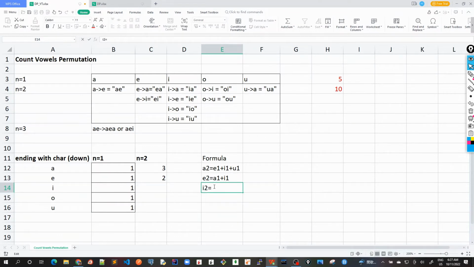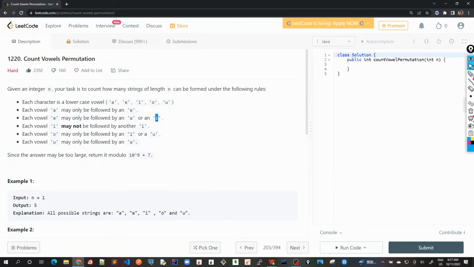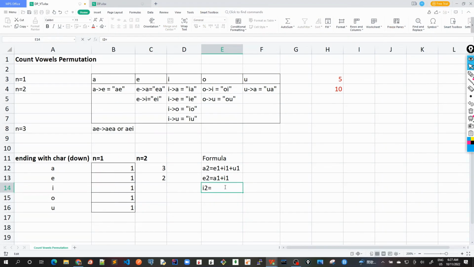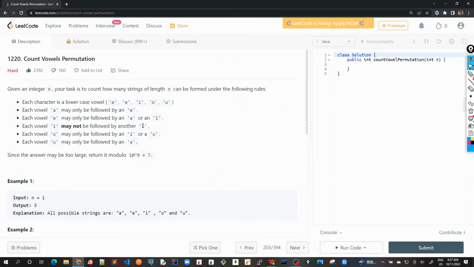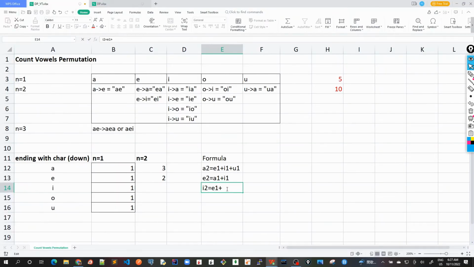I2 would be E1 plus, we cannot follow this, and O after O, so it would be O1. So that's why it would be 2 again.